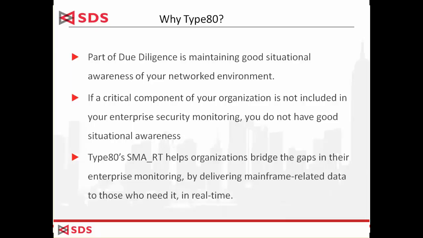And working with some of my partners at Type 80, I asked them at the time, how is security handled on the mainframe? How do people get notified? How are alerts distributed? And the answer was always, well, there's various security facilities that track unauthorized activity.